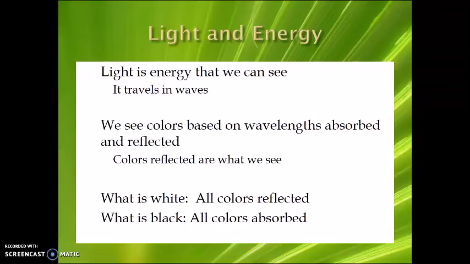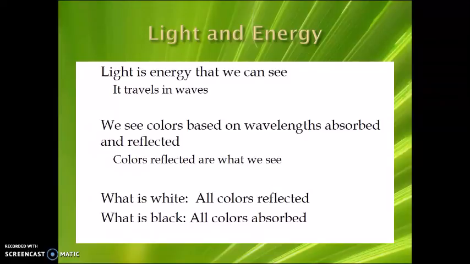So make sure that you know that if something looks white, all colors are being reflected off of it. So it's not absorbing any energy. So what we see is what's bouncing back to us. So the sun or the lights in the room give off all the colors of the rainbow, and it hits all the objects and then bounces off of those objects.